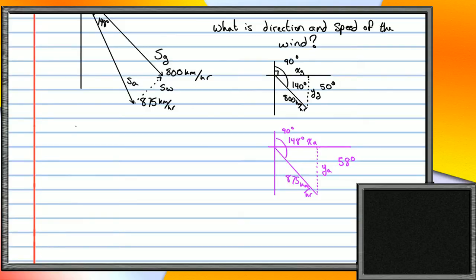With these two components, we can use our trig formulas to find our values. Remember that this is 50 degrees in here, so I'll call it theta. Remember that sine theta is opposite over hypotenuse, so that would be y over 800. And then cosine will be adjacent over hypotenuse, so that'll be x over 800.